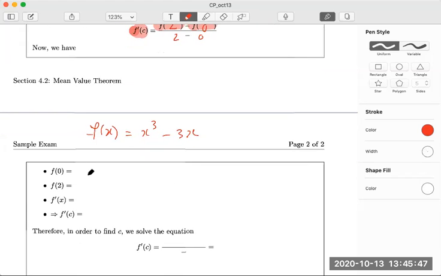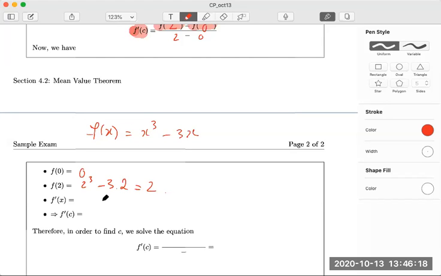So what is f of 0? And f at 2? Okay, it would be 2, right?